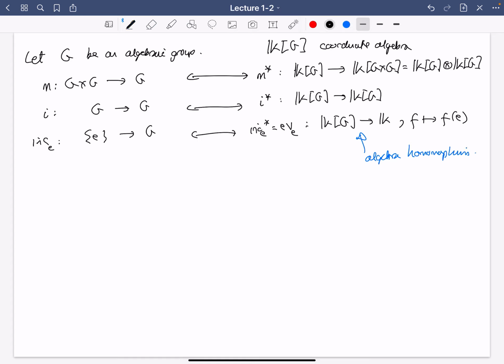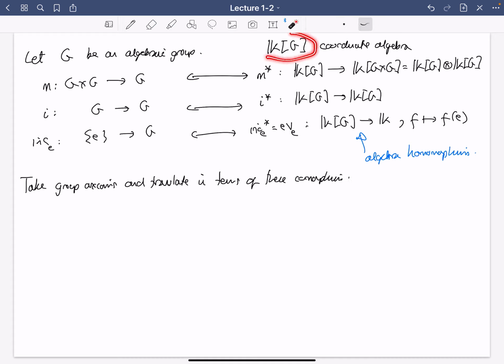And you can take the group axioms and translate them in terms of these comorphisms. So we'll get a structure on this coordinate algebra which is somehow co-dual to the group axioms. So let's do that.